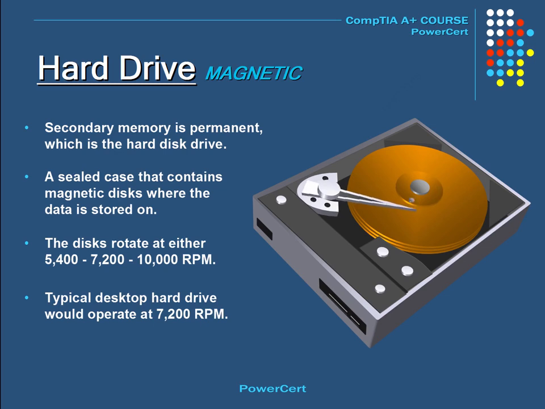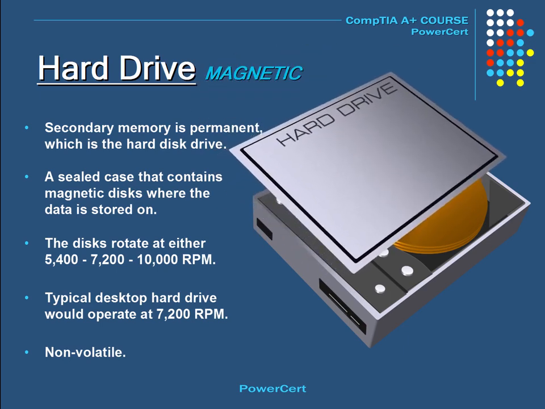And the higher end hard drives would operate at the 10,000 RPM range. But these higher end hard drives are not commonly used anymore because of the advanced speeds of solid state drives. And also hard drives are considered non-volatile because they can retain and store data when not connected to a power source.